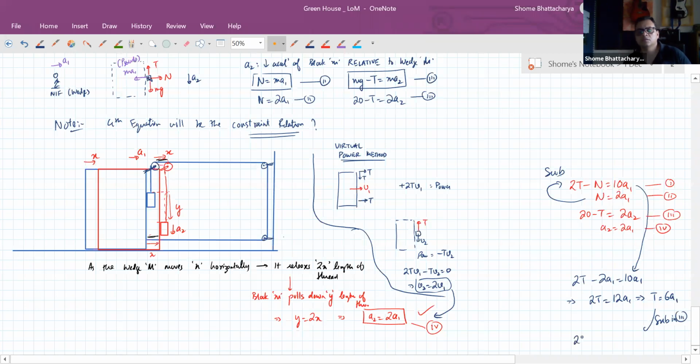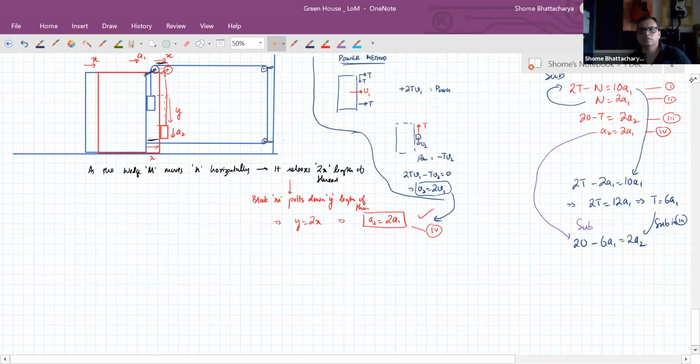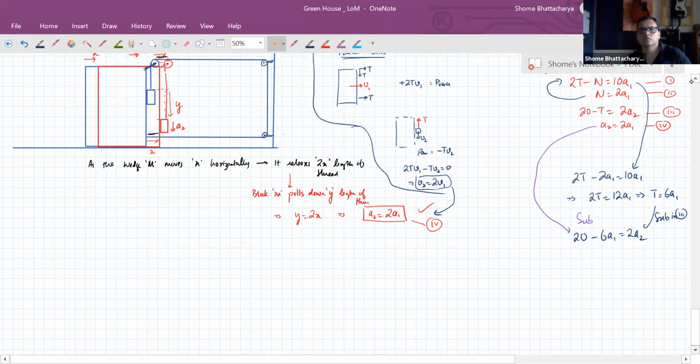So we'll get 20 minus 6a1 is equal to 2a2, and then substitute a2 as 2a1. So that will solve the situation.